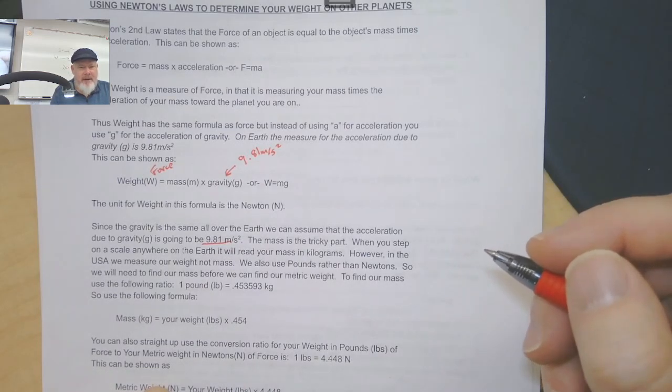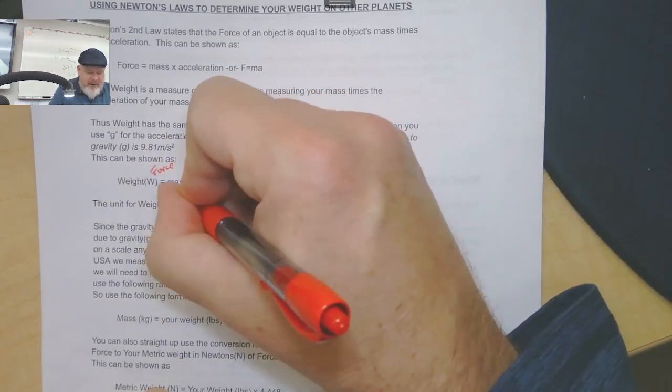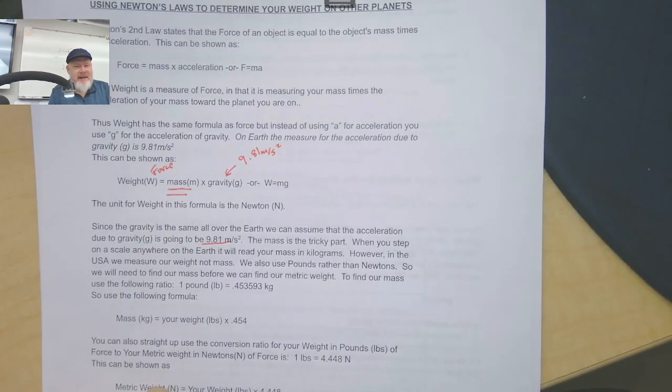The tricky part is this thing right here, mass. Because this class is taking place in the United States, we don't measure our body mass. It's not something we normally do.